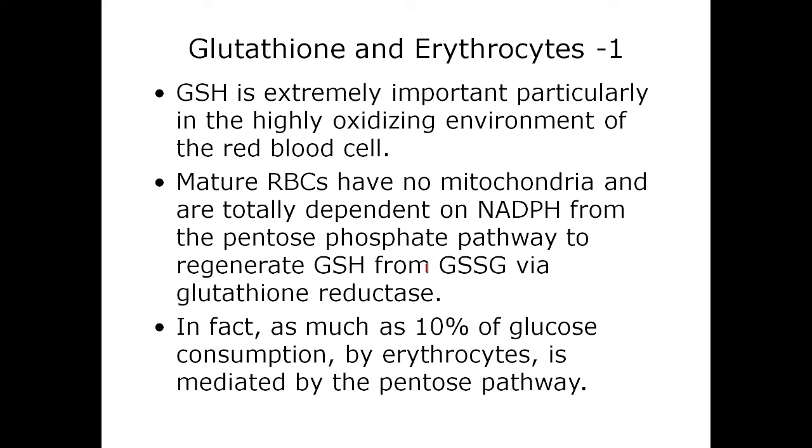Reduced GSH is extremely important, particularly in the highly oxidizing environment of the red blood cell. Where are the chances of oxidative damage? Where is there more reactive oxygen species? Which cells in our body carry the oxygen? RBC, the red blood cell, has a very oxidizing environment because the hemoglobin is attached to the oxygen molecule.